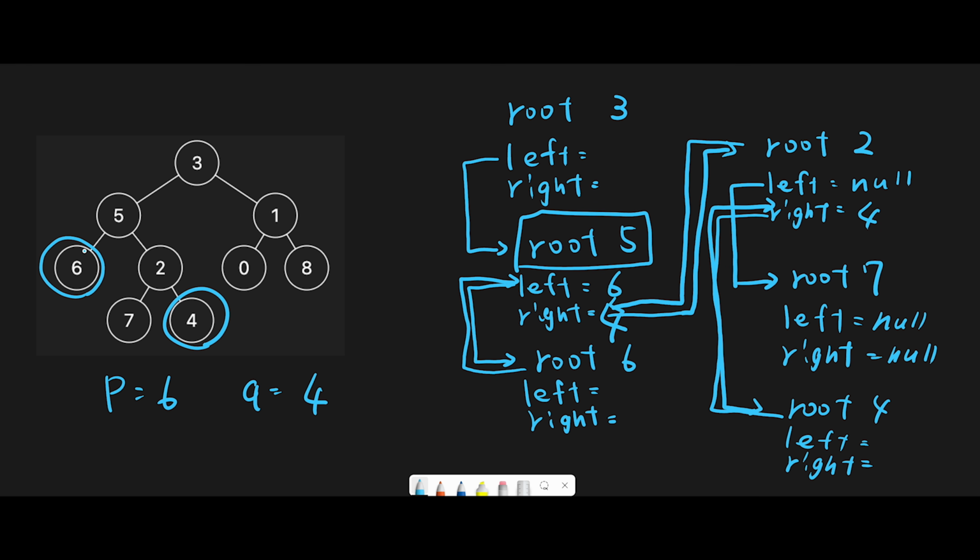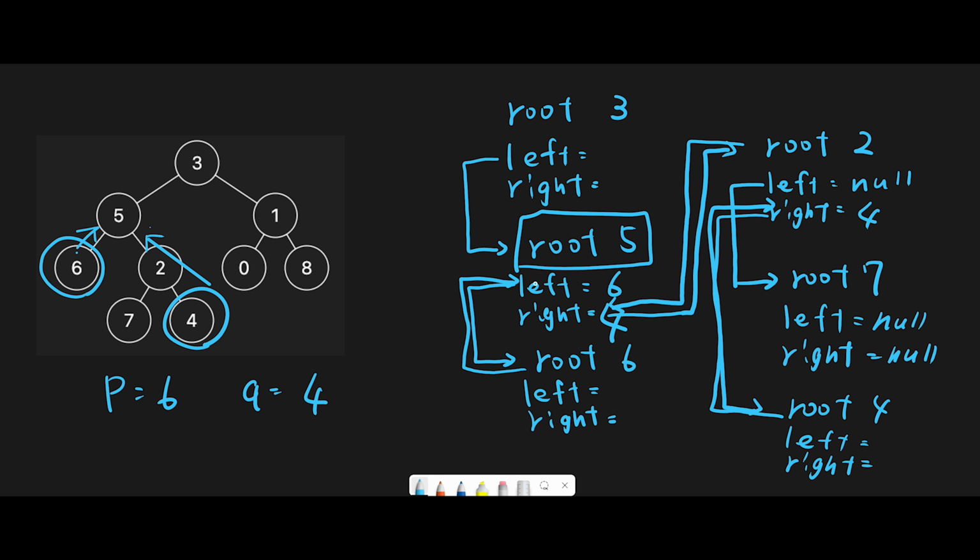If we go up from node 6, we find 5, right? And if we go up from node 4, and go up and go up, we find node 5. So yeah, looks good. Definitely, if P is 6 and Q is 4, node 5 is the lowest common ancestor.